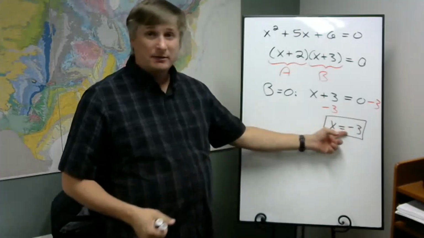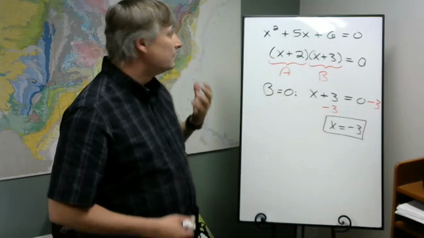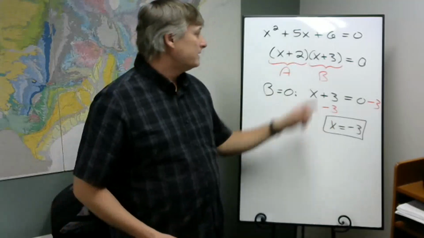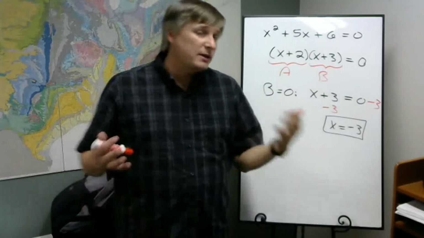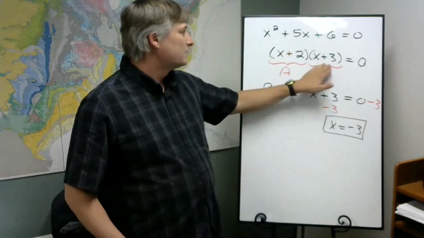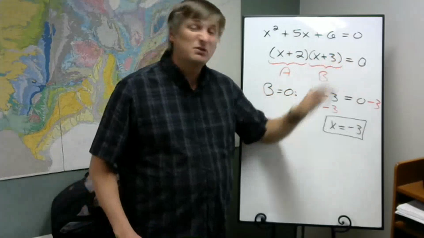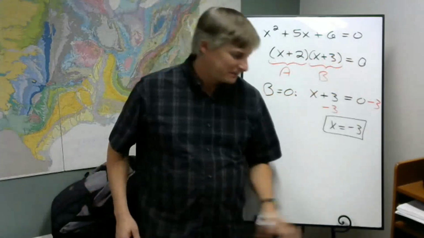Now again, if we take negative 3 and we put it here, negative 3 plus 2 is negative 1. But negative 3 plus 3 will be 0. So if we let x be negative 3, what we're going to get is negative 1 times 0, which still is equal to 0. So these values of x work.